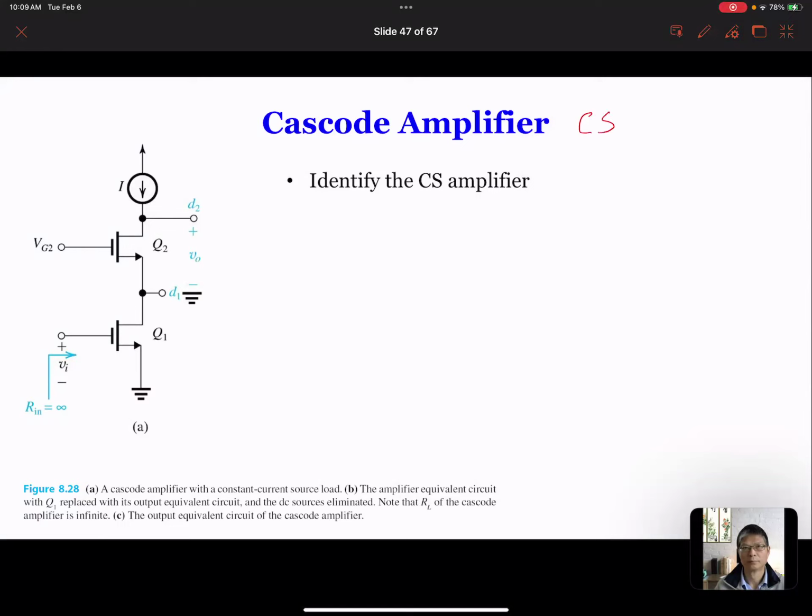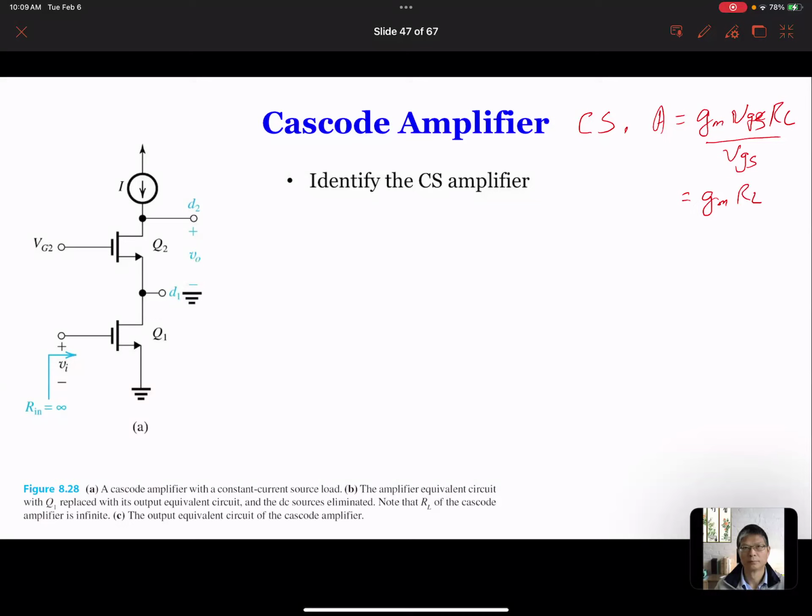For common source amplifiers, the gain is typically gm times vgs, which is a current, times RL, and then that is divided by vgs, and you can see that the gain is gm times RL.